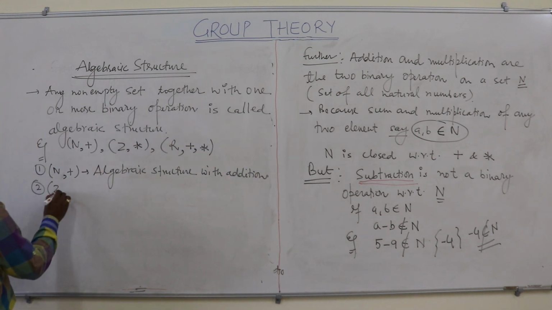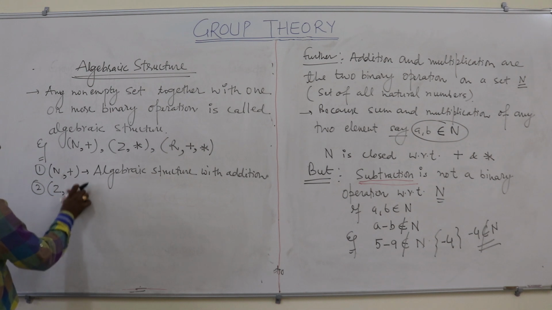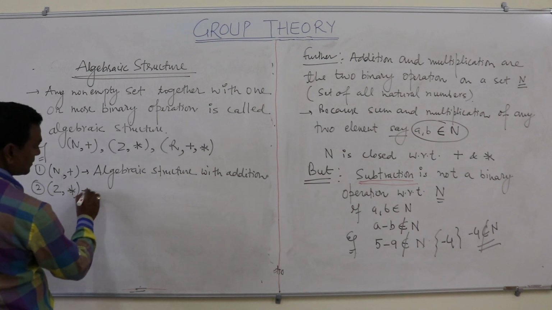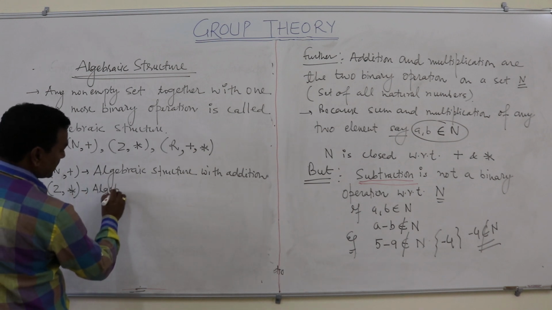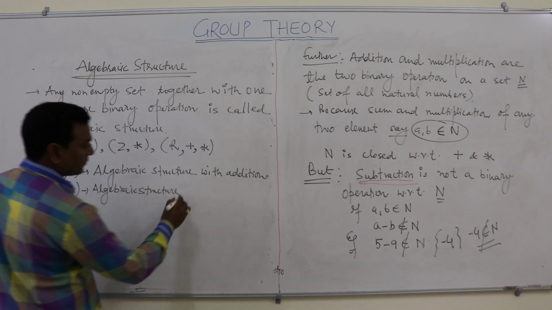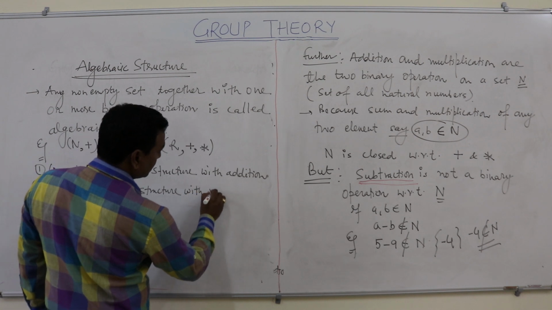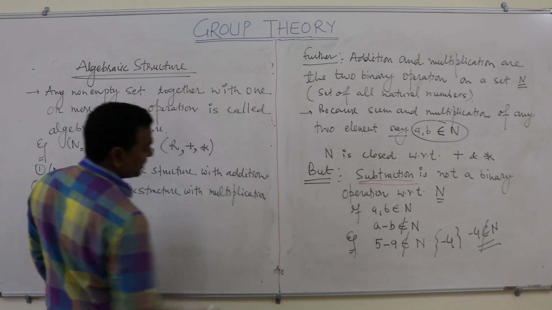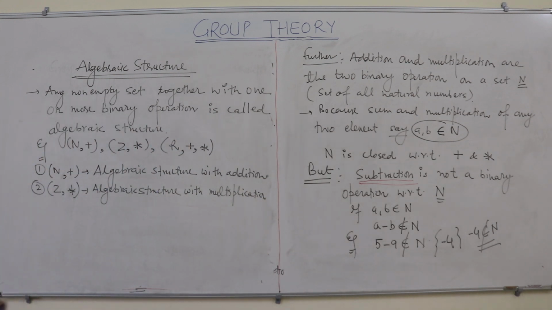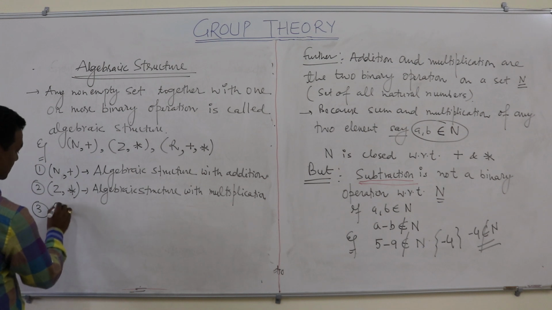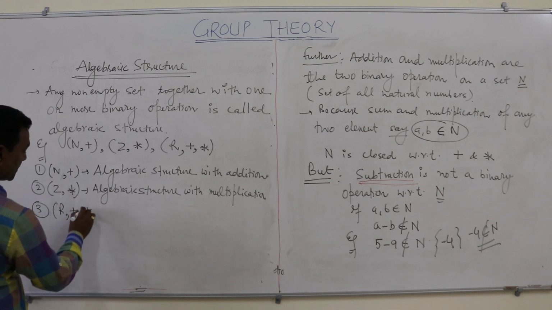This Z, set of integers, is an algebraic structure with multiplication. And the third one is R comma plus, multiplication.